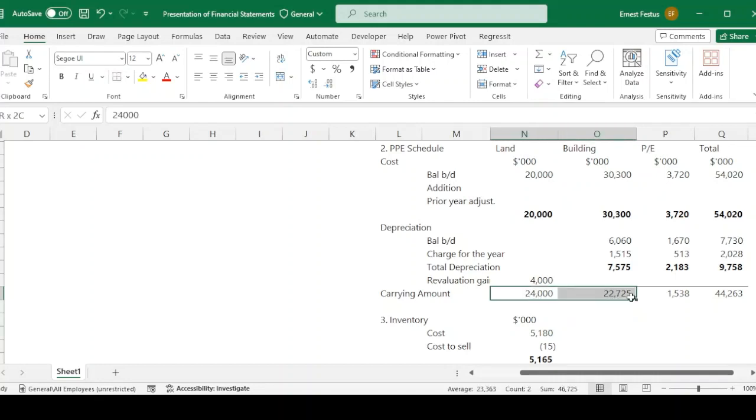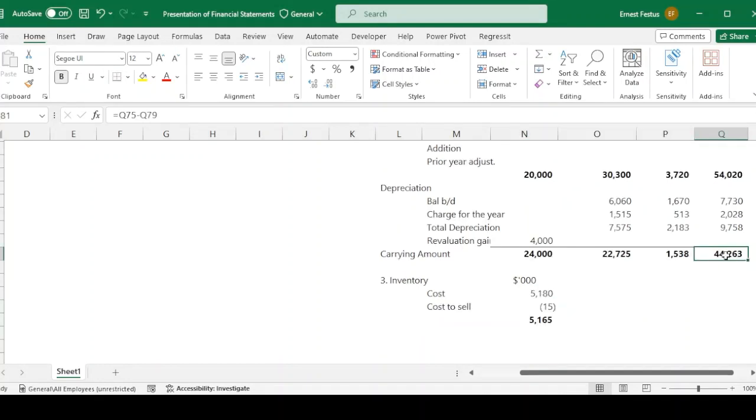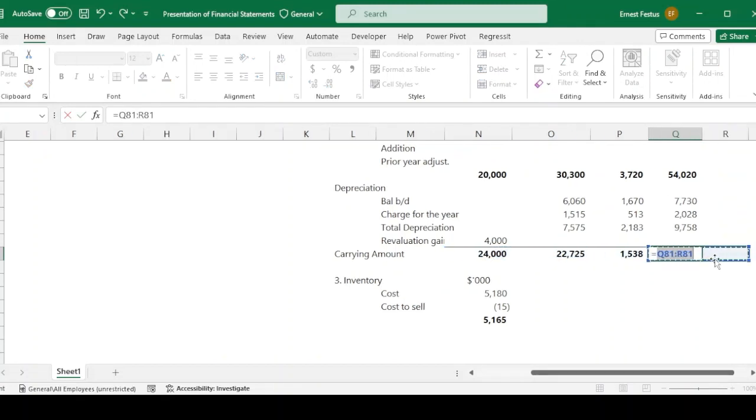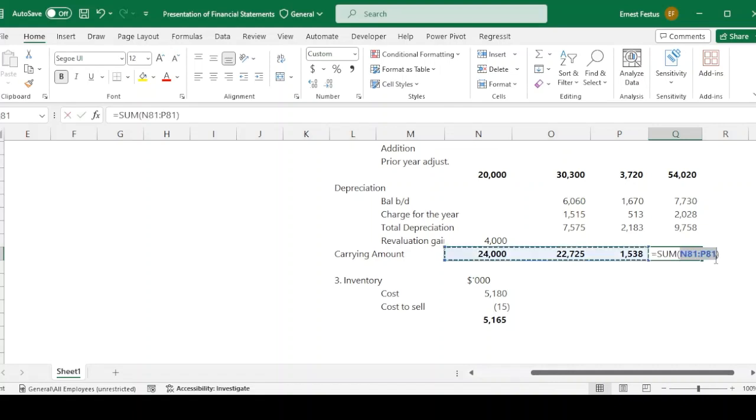So that is our carrying amount for the year. So this figure here is wrong, so we are going to have equals the addition, so I'm going to have alt equals, and I'm going to add all of those together.